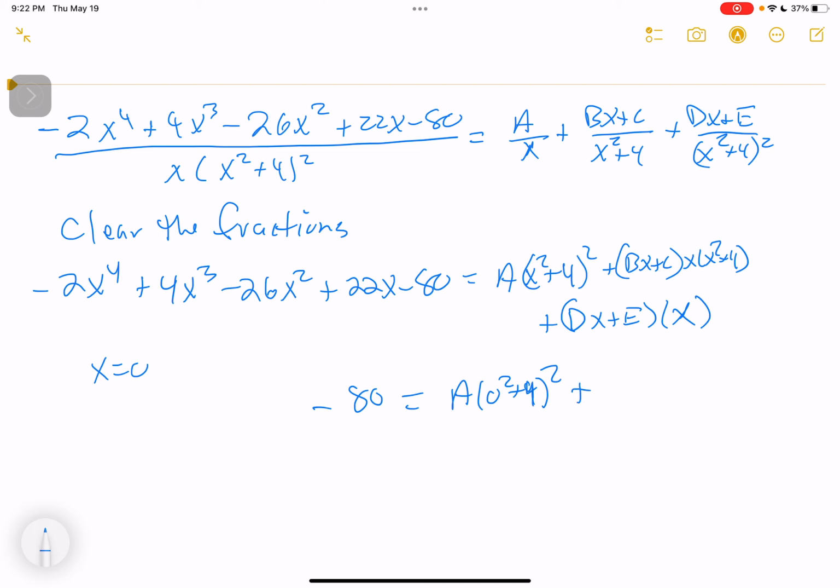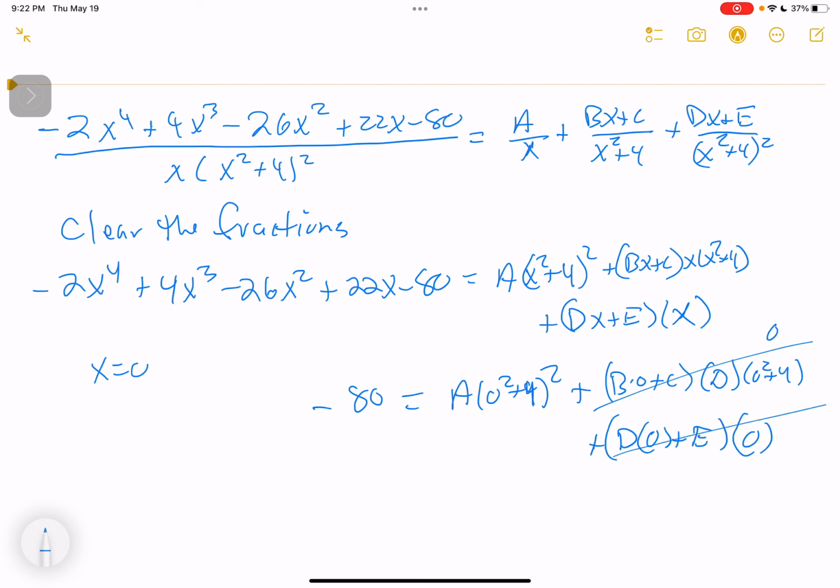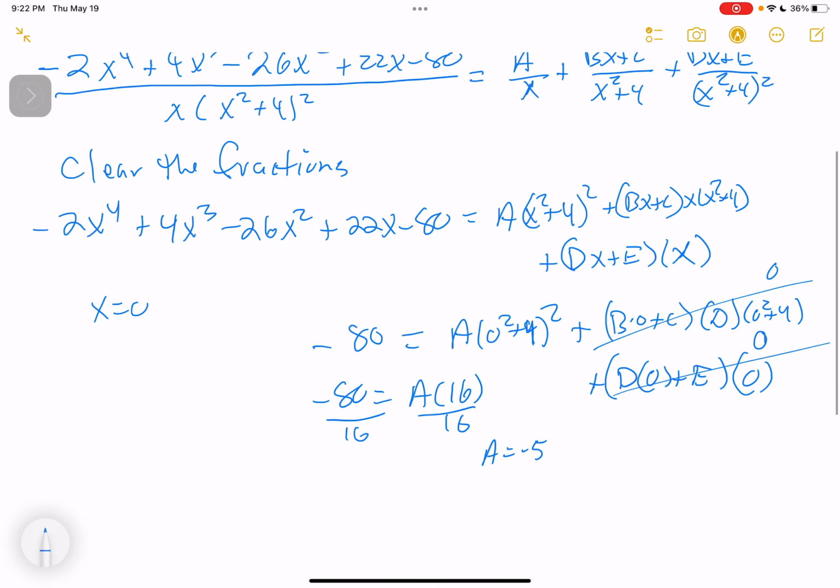And then plus it's B times 0 plus C, but then that's times 0 times 0 squared plus 4. So that's just 0. And then plus D times 0 plus E times 0. So that's 0 as well. So what we're really after then is negative 80 equals A times 16. So divided by 16, A must be negative 5. Okay, we found one of them.